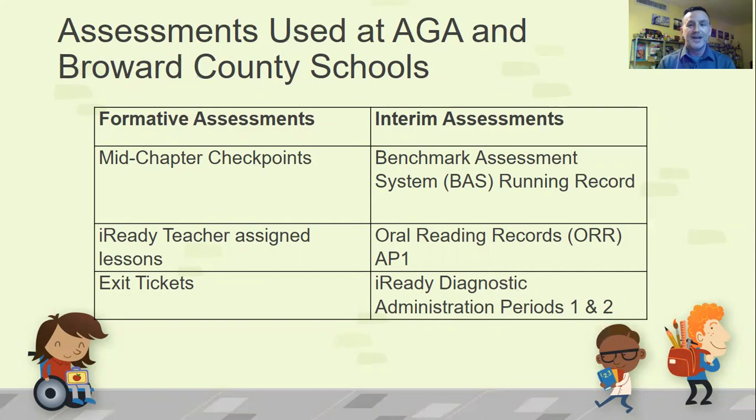Those are diagnostic in the beginning, but then they're reused and they're used throughout the year to assess growth and to offer kind of a prediction of where the student will be. And then, of course, the iReady diagnostic for periods 1 and 2. Period 3 is a summative end of year test in many schools, including ours. But all of these are interim assessments.